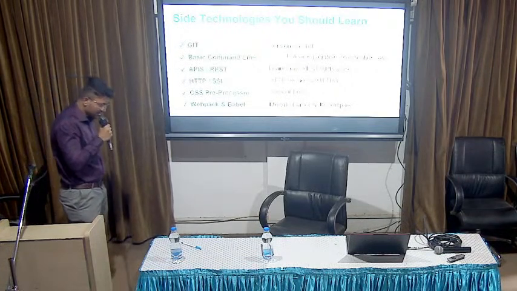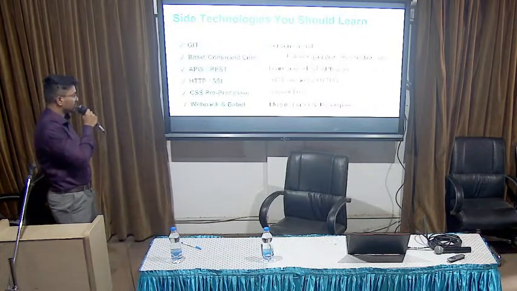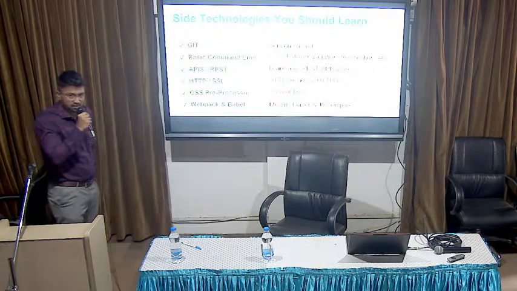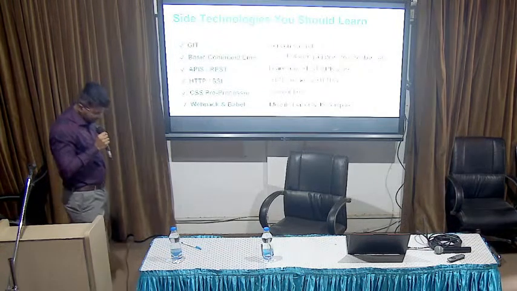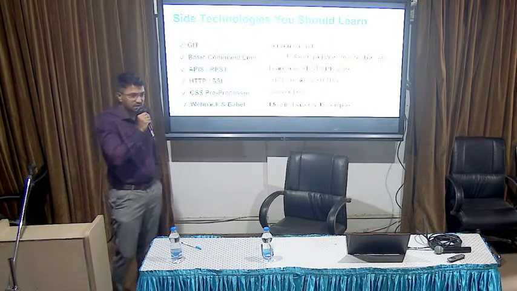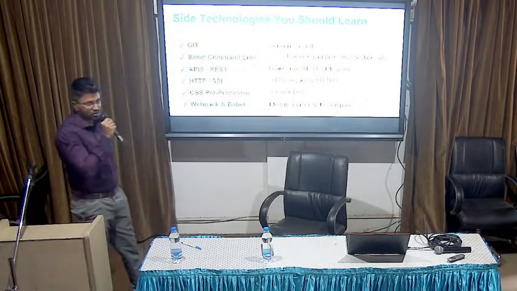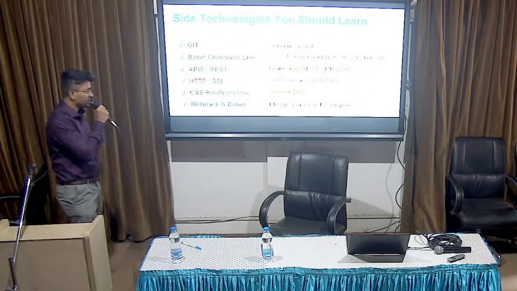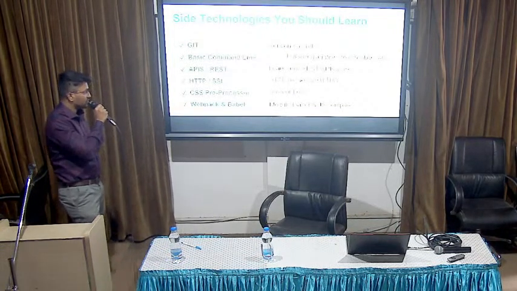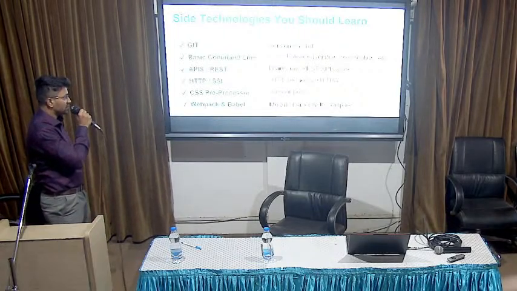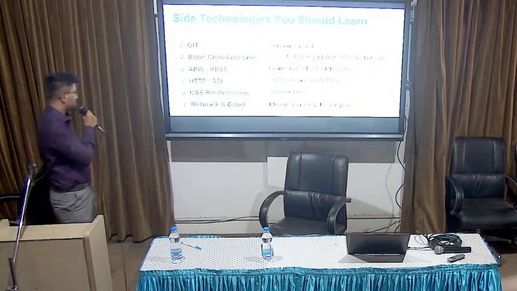Whenever we are using an SSL certificate, at that time we have HTTPS. You must have seen HTTP and HTTPS; HTTPS is secure. Whenever there is an online payment transaction, the website needs to have an SSL certificate. And then CSS preprocessing.